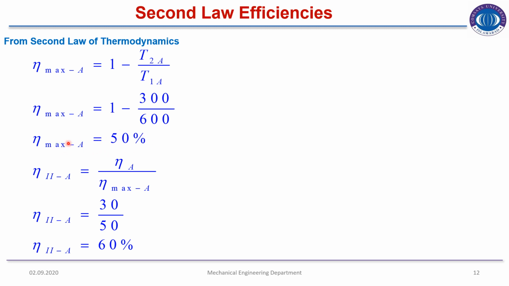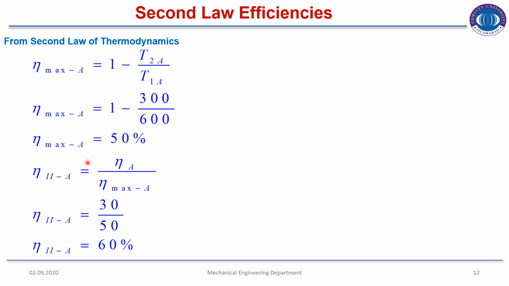When we calculated the thermal efficiency according to the first law of thermodynamics, it came out to be 30%. But when we calculate thermal efficiency according to the second law of thermodynamics and consider that the heat engine is a reversible heat engine, the efficiency comes out to be 50%.